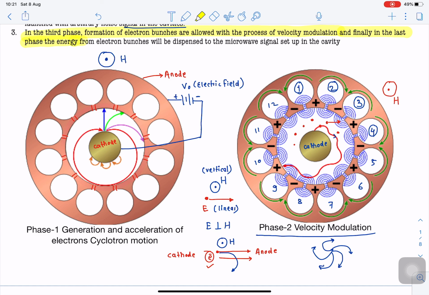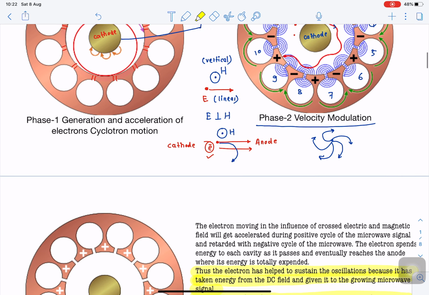When the electrons form a bunch, the energy from these electron bunches will be given to the microwave signal set up in the cavity. Remember that we are not introducing any prior microwave signal. The microwave signal will set up by its own, beginning with a noise-like appearance, and this will grow and get continuously sustained in the circuit, right?